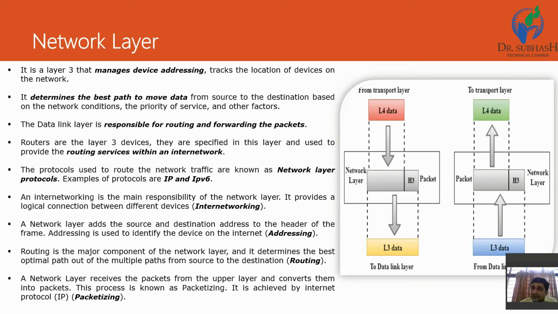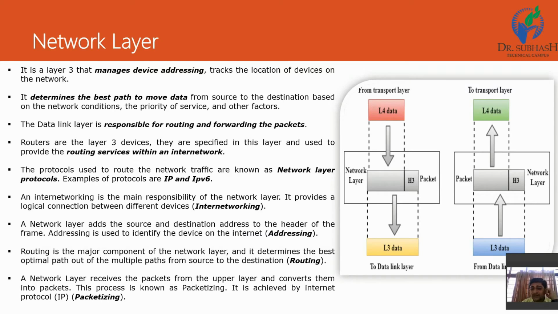All the peripherals are connected in a single group, in a network, to maintain logical connectivity between all these devices, and all these devices work simultaneously in a single group. That is the core functionality of the network layer. It is also called, in a single word, internetworking.